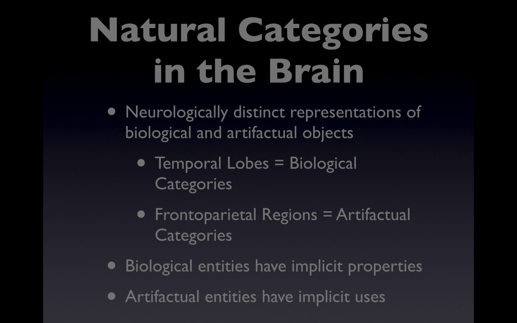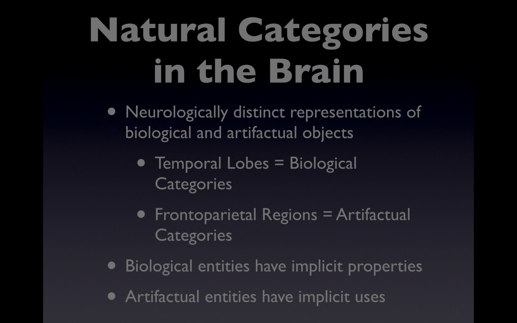Some people who've had damage to the temporal lobe will lose the ability to name biological categories. You say something like pig, and they say, I don't know. Or horse. Or cat, and they say, I don't know. Then you say hammer, and they say, you grab it with your hand, you use it to drive in nails.